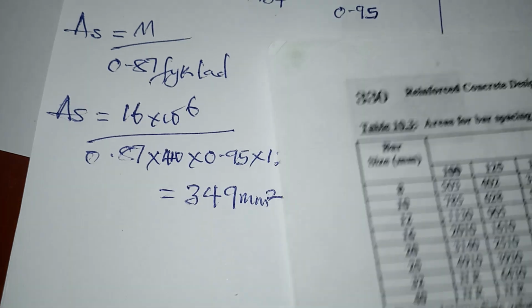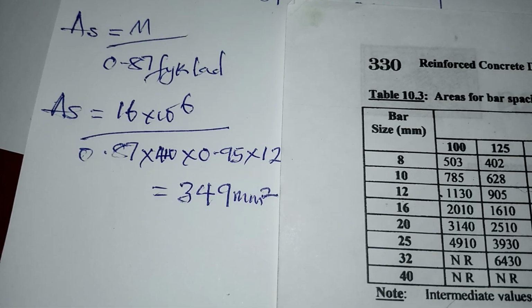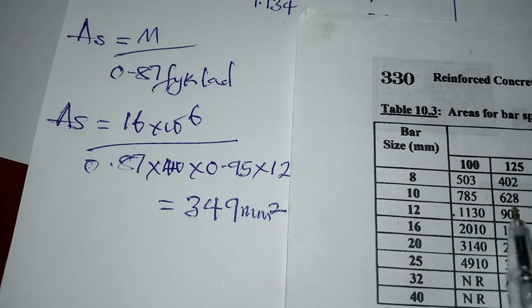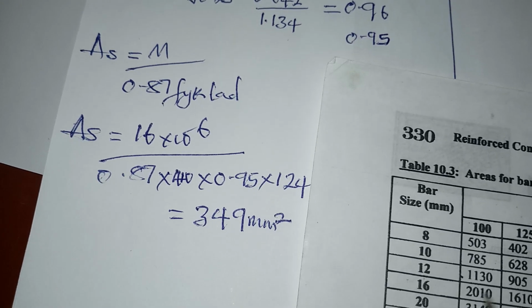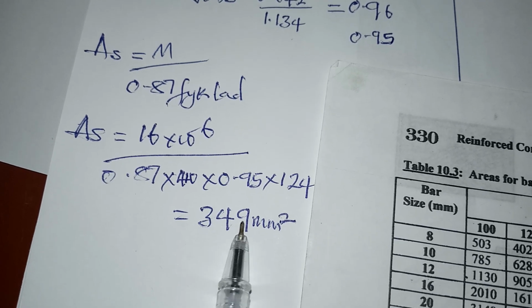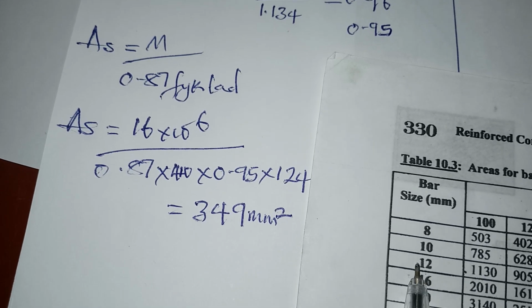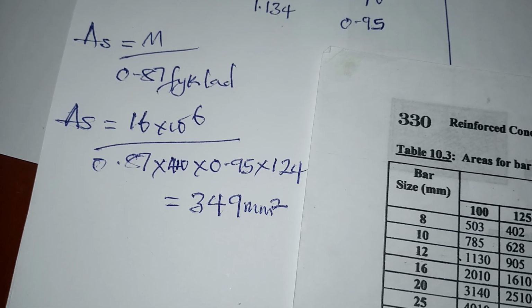The area we calculated was 349, so from our assumption earlier we used 12 mm, so we are going to look for 349 millimeter square in the 12 mm row.